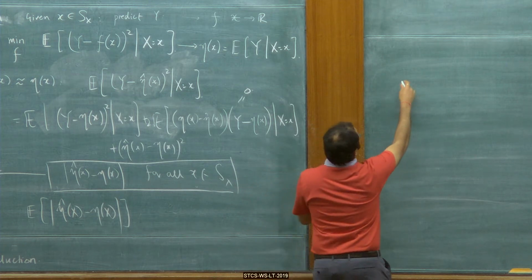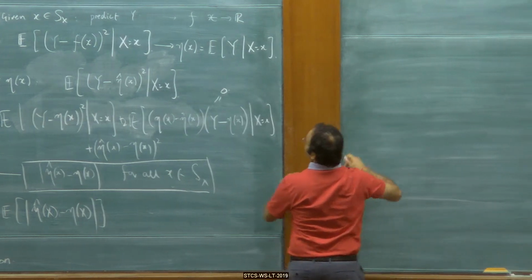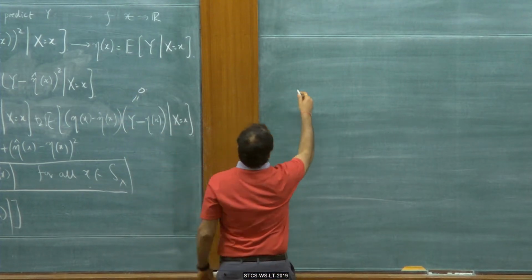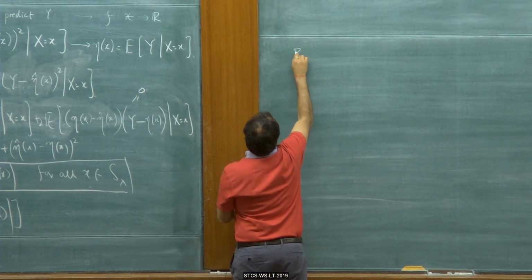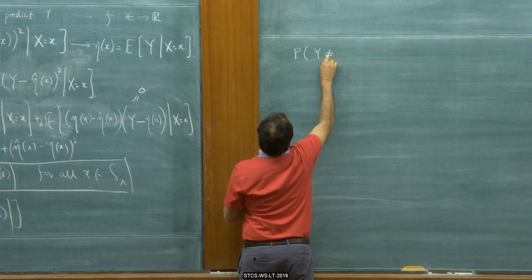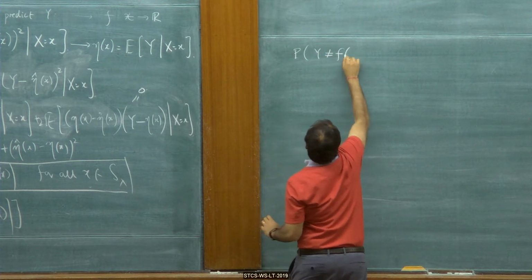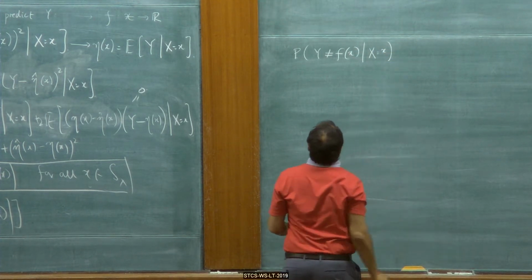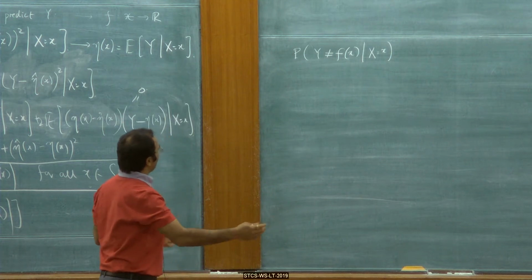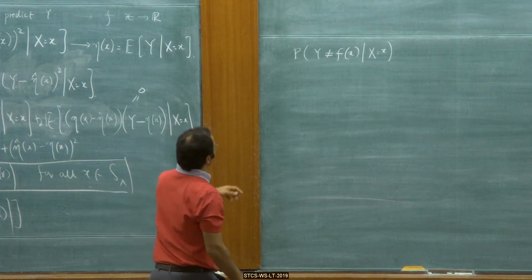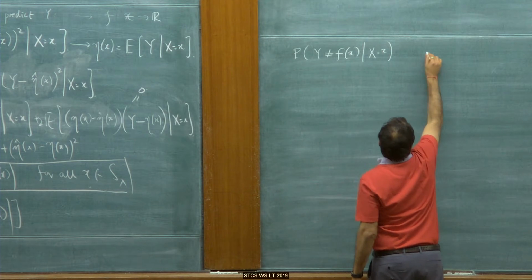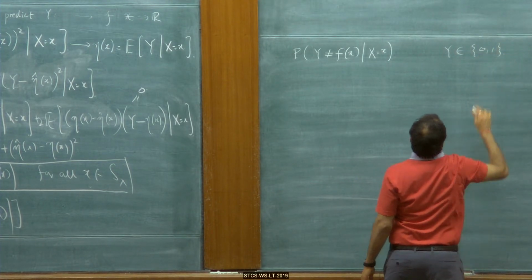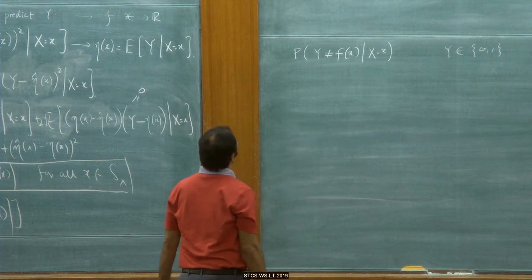That is, my metric is again, x is what I observe, f of x is my predictor, and I want to minimize the probability that y is not equal to f of x given x equals x. And again, this is kind of useless if my y is taking values continuously. So really, we're thinking here of y taking discrete values, and to keep things simple, I'm going to say it's binary. Okay.